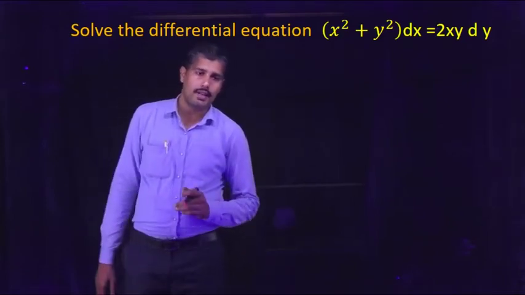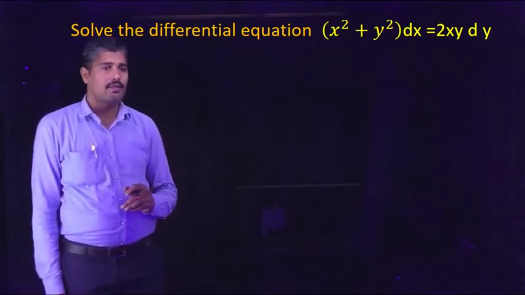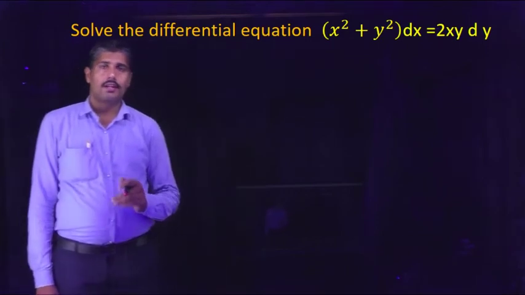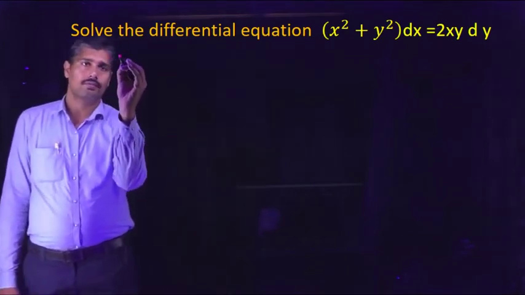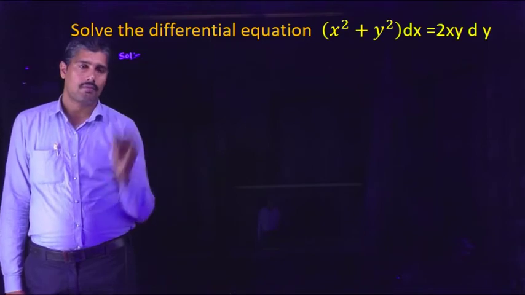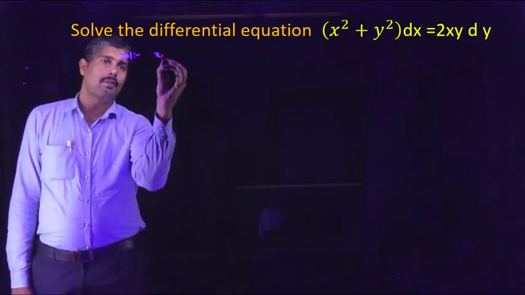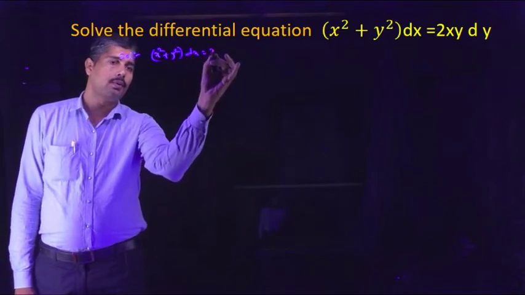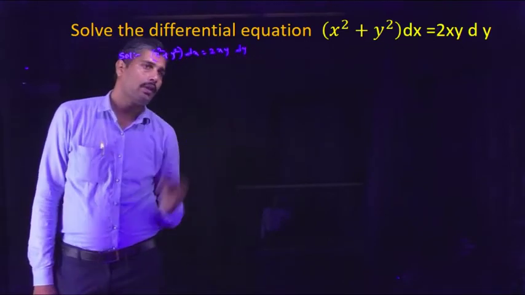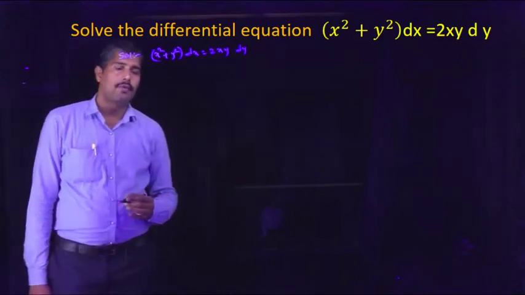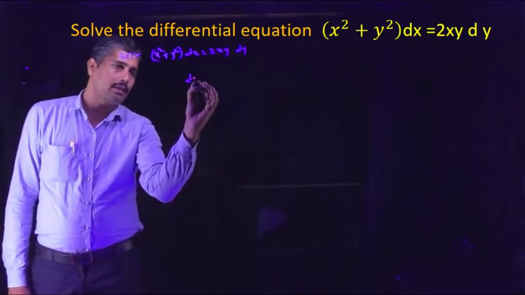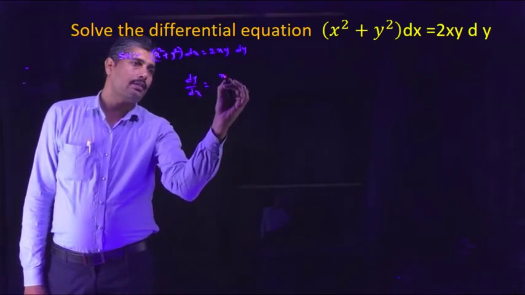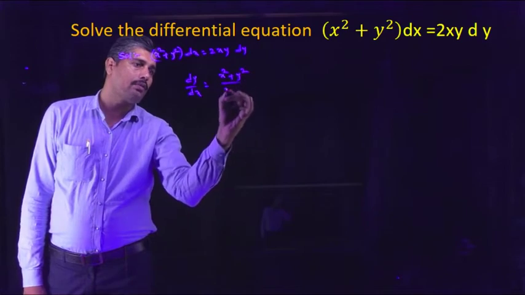Suppose the equation is like this, x square plus y square into dx equal to 2xy dy. First we convert it in the form of dy by dx, that is dy by dx equal to x square plus y square by 2xy.